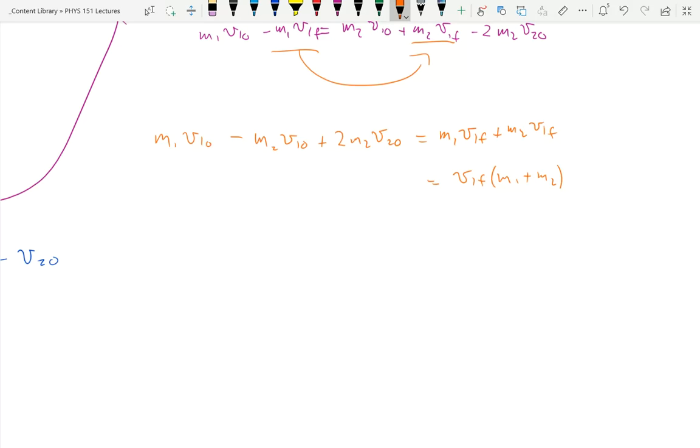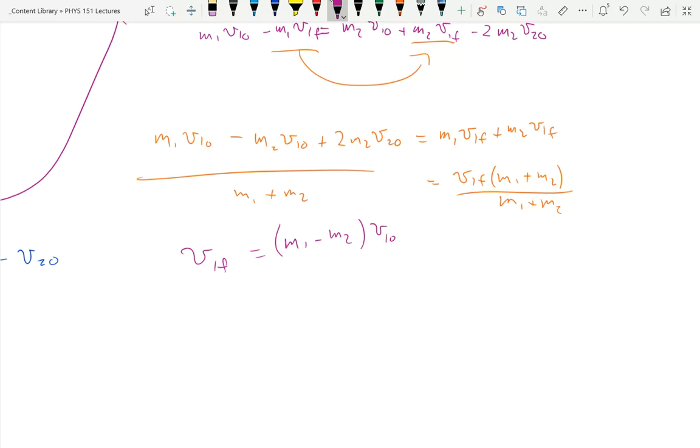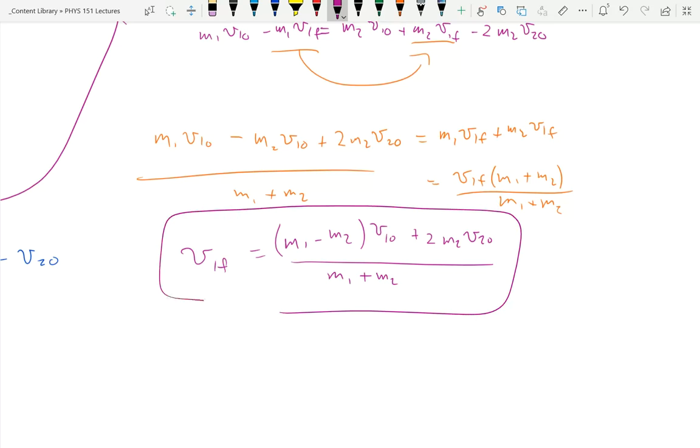And then I just need to divide everything by M1 plus M2. I end up with V1 final is equal to that equation, and then I just put in my numbers.